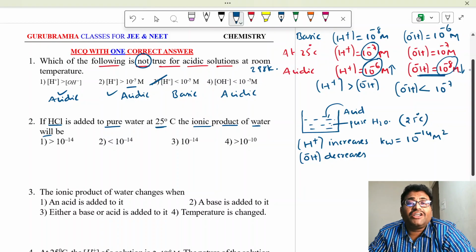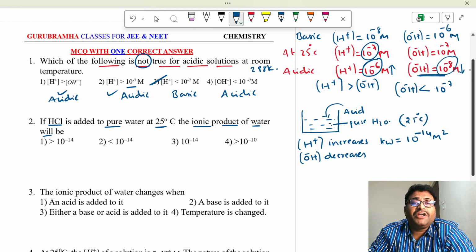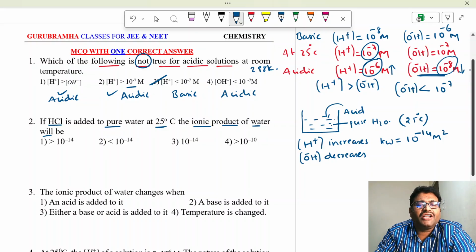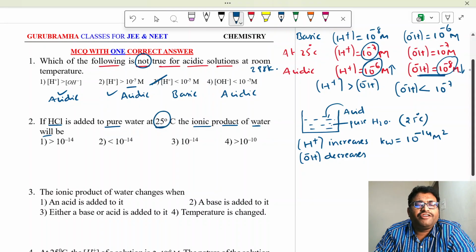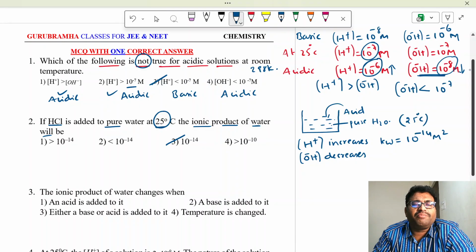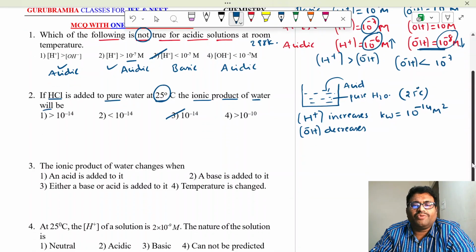Ionic product of water depends only upon temperature. If you add acid or base to it, whatever it is, the ionic product of water does not change. It remains 10 power minus 14.